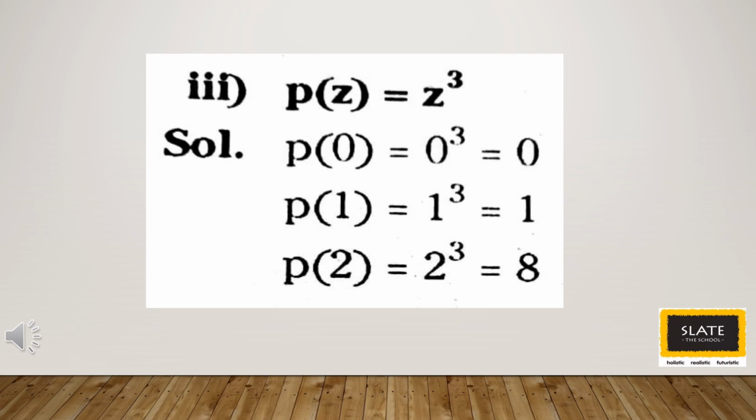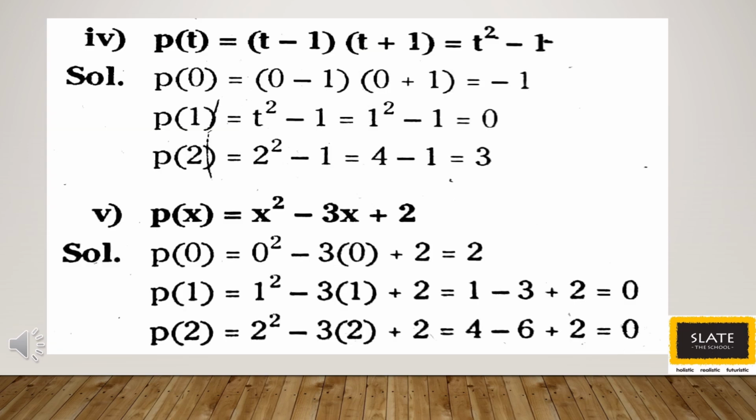So p of 0 is 0 cube, which is 0. P of 1 is 1 cube, which is 1. And p of 2 is 2 cube, which is 8. So we have p of 0 as 0, p of 1 as 1 and p of 2 is 8.